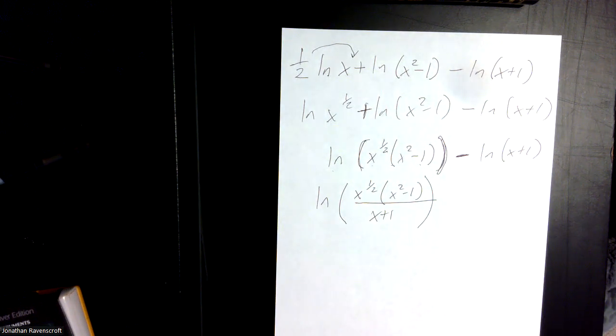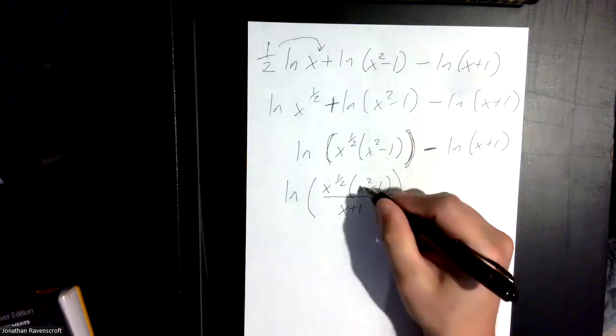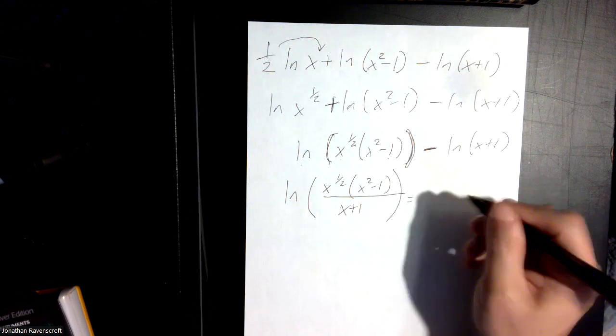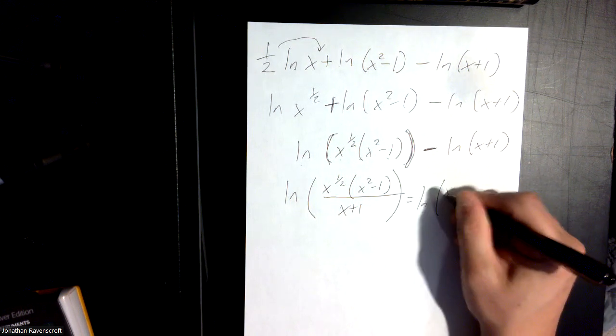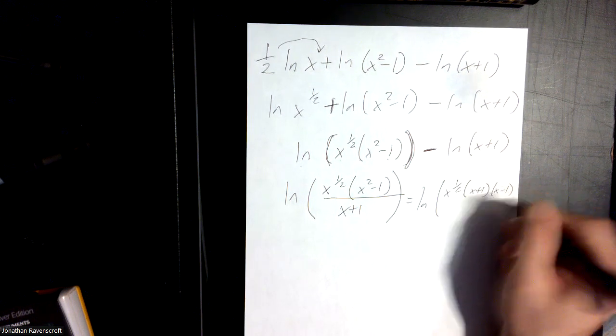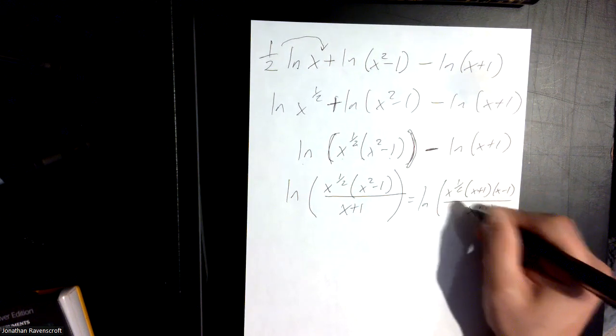Now this is okay. We've used all of the log properties to condense this, but I know what you're feeling. You're looking at this x squared minus 1, and you really want to factor that, which would be smart. X to the 1/2 times x plus 1, x minus 1, over x plus 1. And look at what happens.